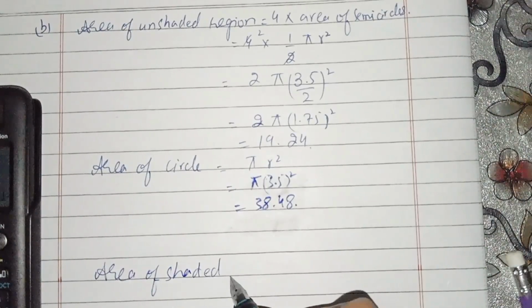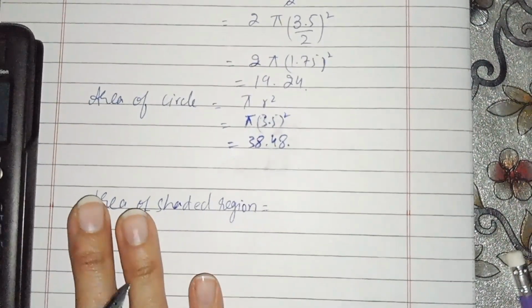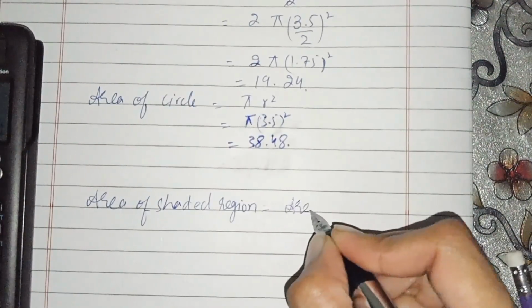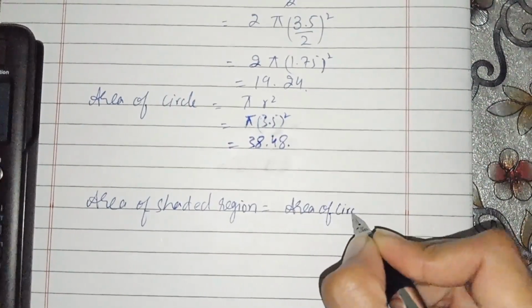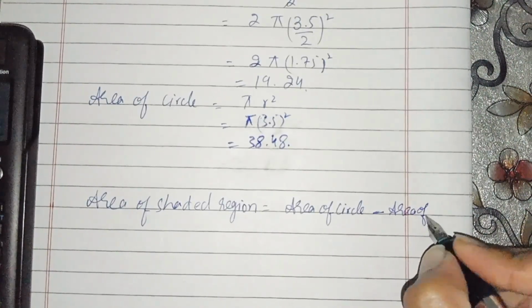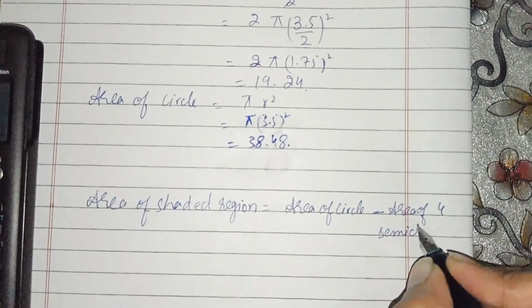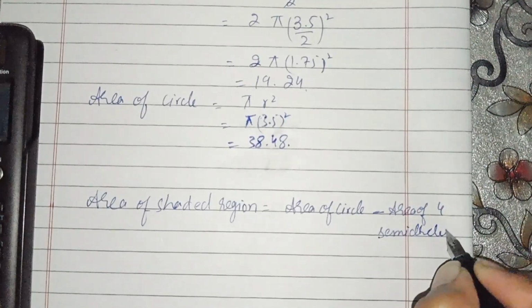Area of shaded region is equal to area of circle, subtract the area of 4 semicircles.